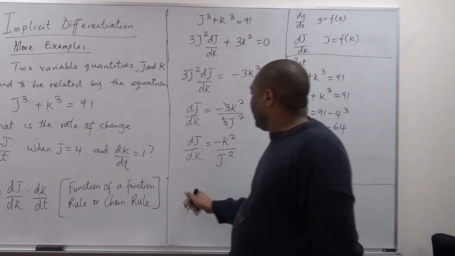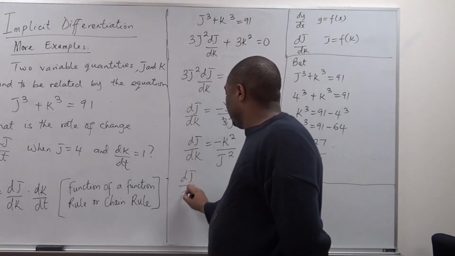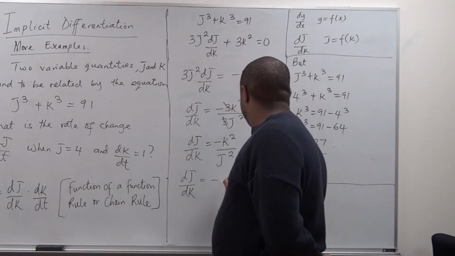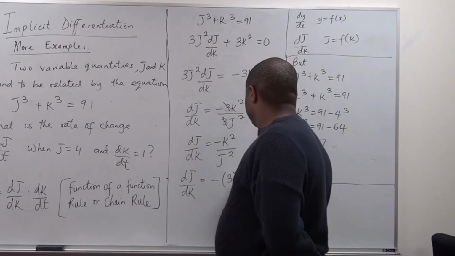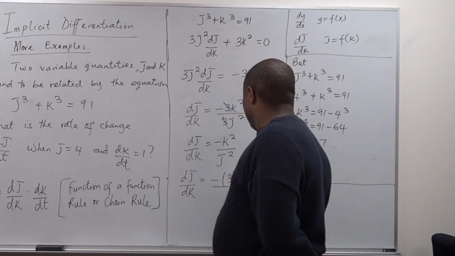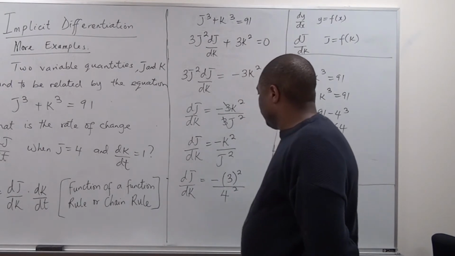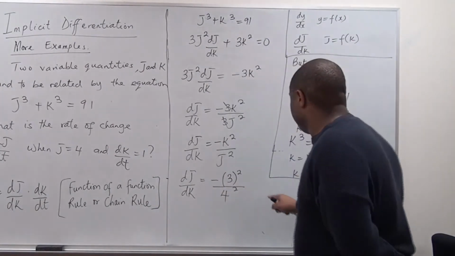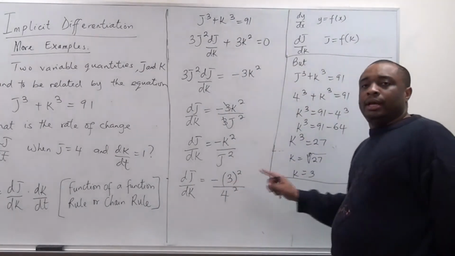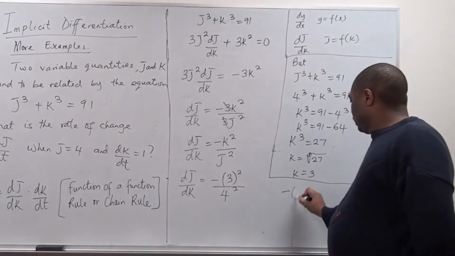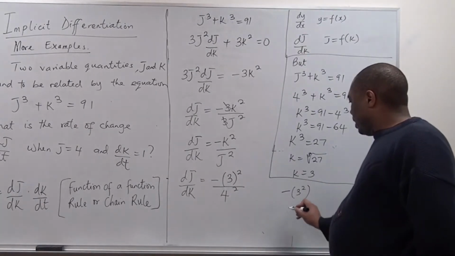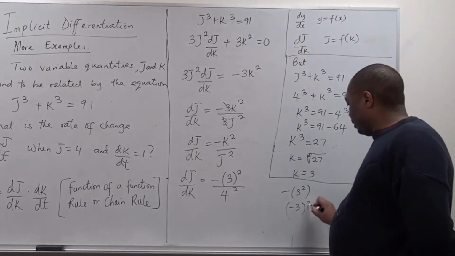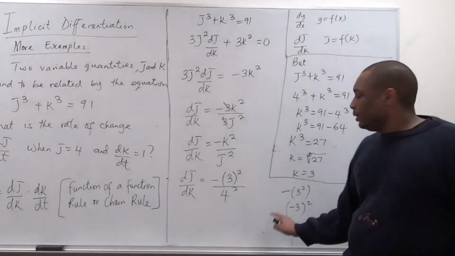Right? So the j dk will now be negative 3 squared all over 4 squared. Now, you have to be careful of this. I want to illustrate something. Negative 3 squared and negative 3 all squared don't give the same thing.